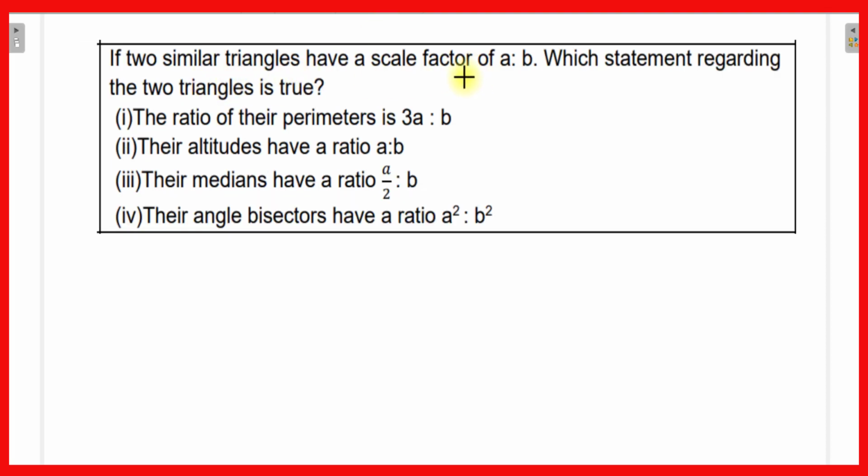If two similar triangles have a scale factor A:B, which statement regarding the two triangles is true?